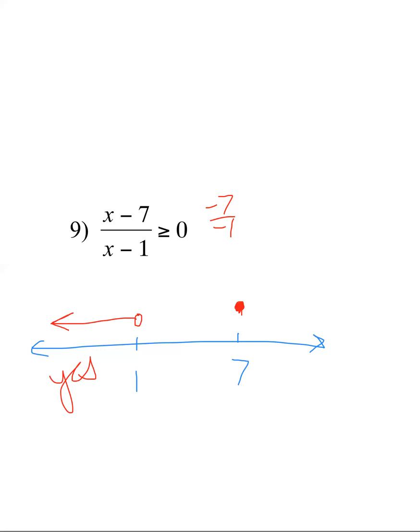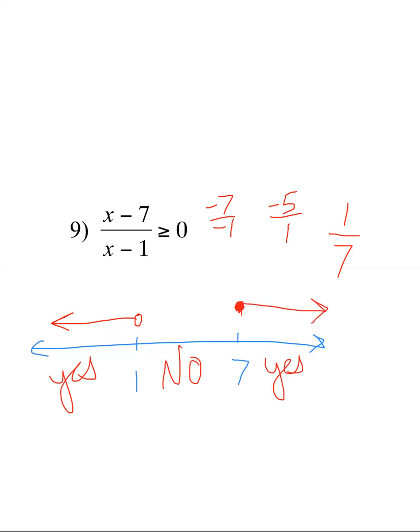In between 1 and 7, I'll plug in 2, which gets me negative 5 over 1. That is a negative, and negatives are not greater than or equal to 0, so that's a no. Then I'll plug in positive 8. 8 minus 7 is 1, and 8 minus 1 is 7. 1/7 is positive, so this is a yes over here.